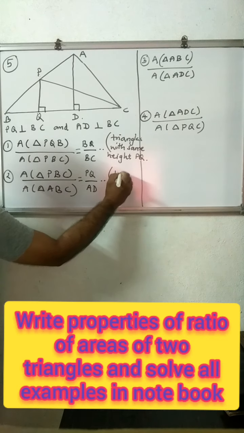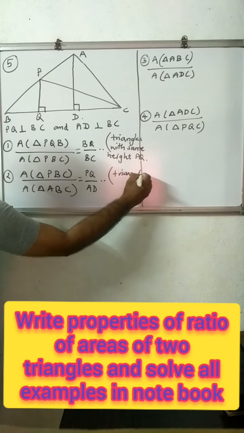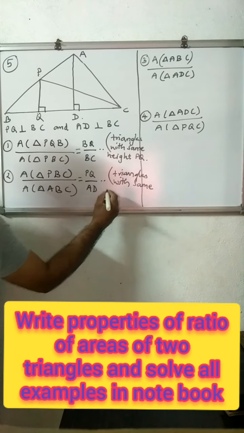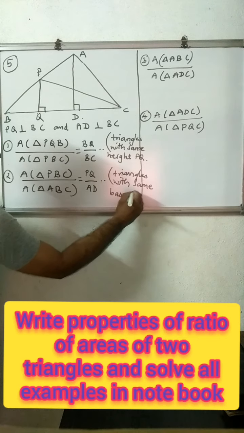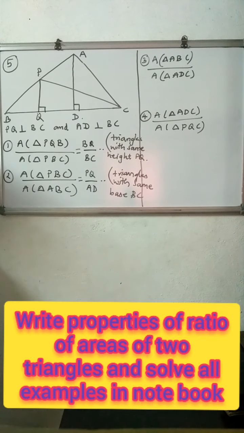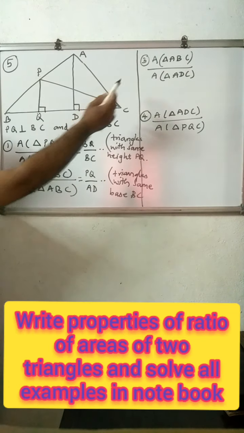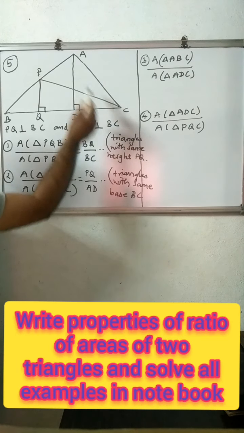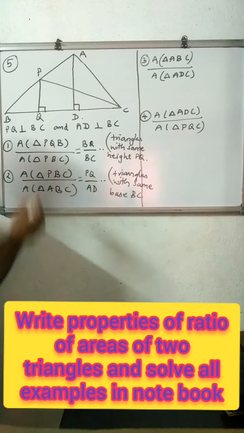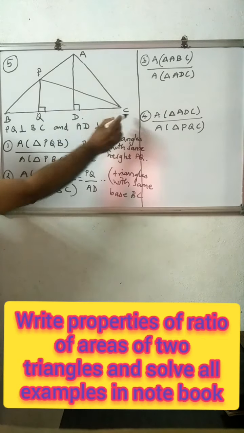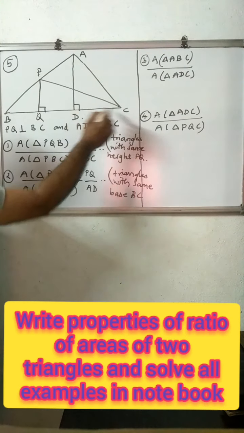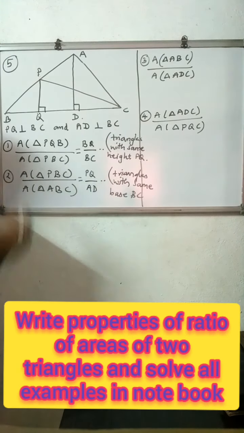Reason: triangles with same base BC. Third one, find area triangle ABC upon area triangle ADC. Now these two triangles, ABC, base is BC and height is AD. And area triangle ADC, base is DC and height is AD.